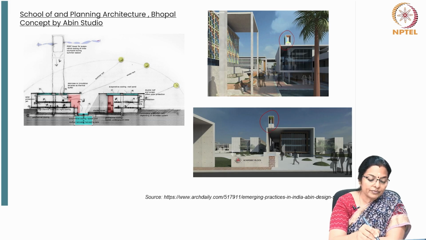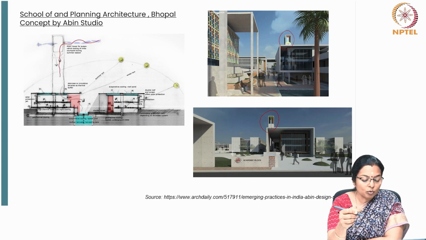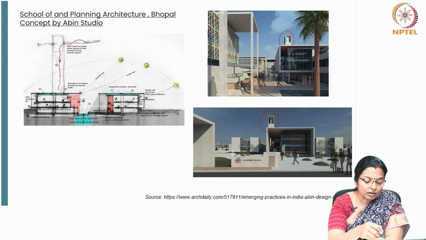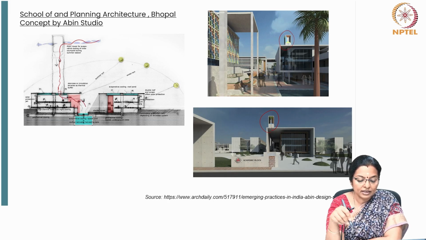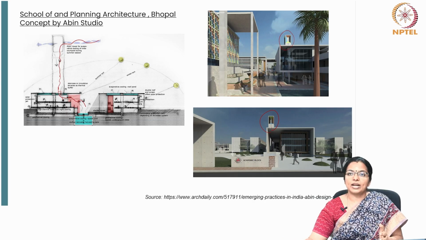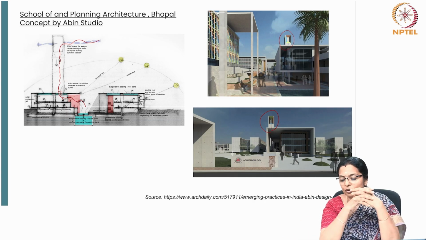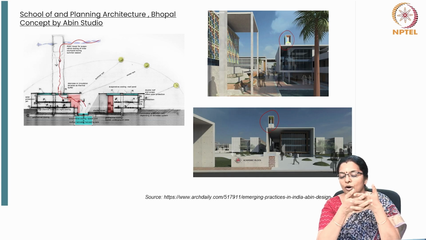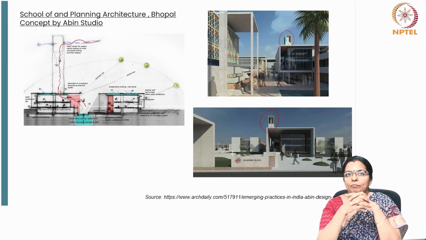Because Bhopal can have a very warm climate too, the air from outside is brought in, and then there is a staircase or circulation terraces which act as thermal buffers, and there is provision for the breeze to enter the building, and it gets camouflaged as a design element because of the contemporary translation of this technique.